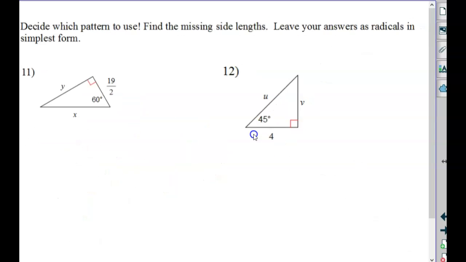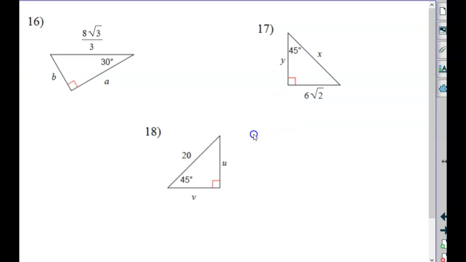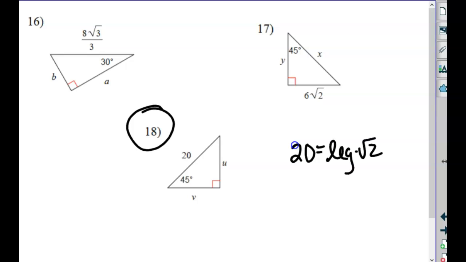Go to the back and just tell me about this one, guys, 18. It's a 45, 45, 90 again. It's a 20 here. So that 20 is supposed to be leg times square root of 2, right?